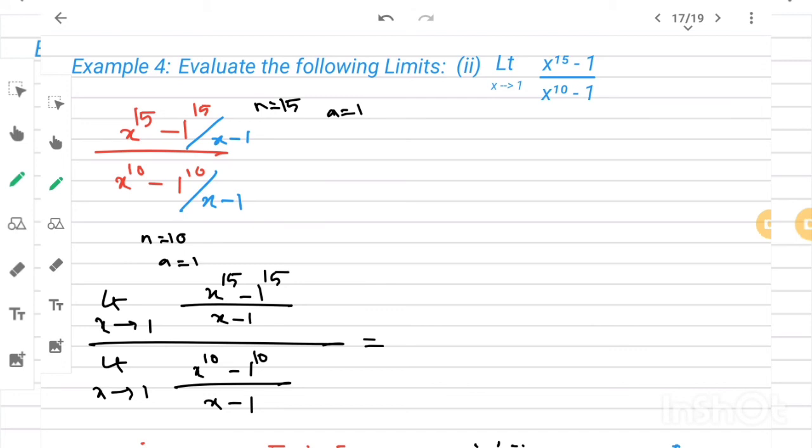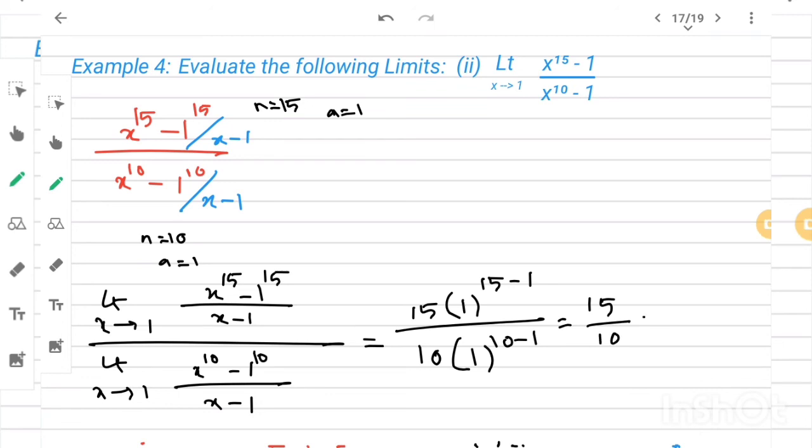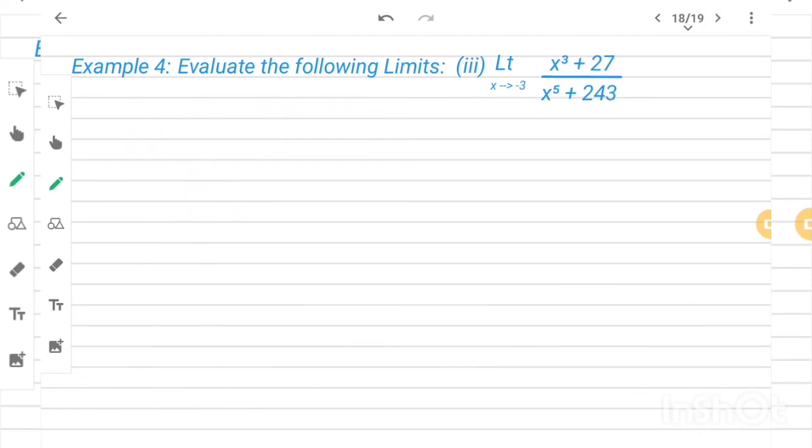So I am going to replace the formula for the numerator separately and for the denominator. So it will become 15 into a is 1, power 15 minus 1, and for the denominator 10 into a is 1, power 10 minus 1, that is nothing but 15 by 10, and this is nothing but 3 by 2. Okay, yes.